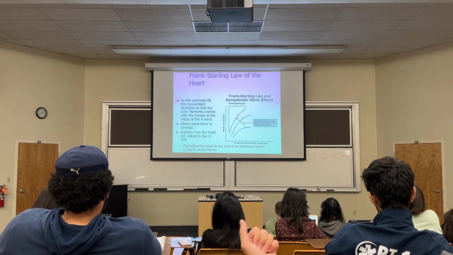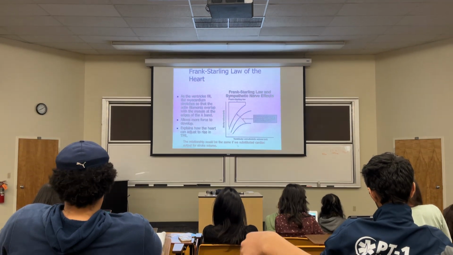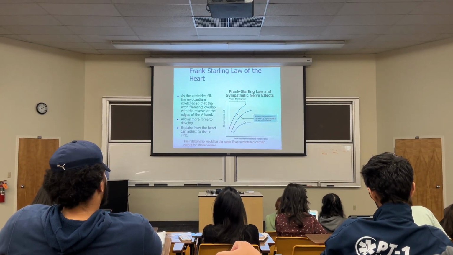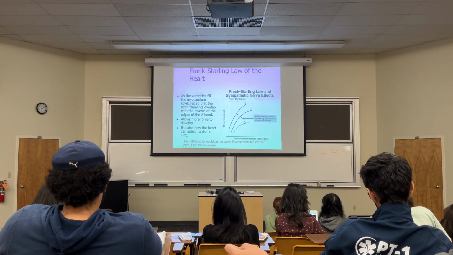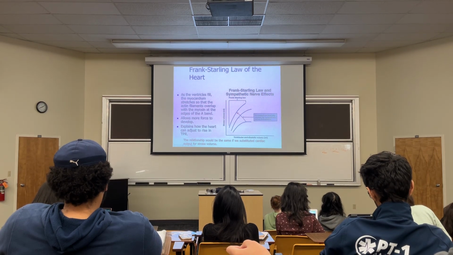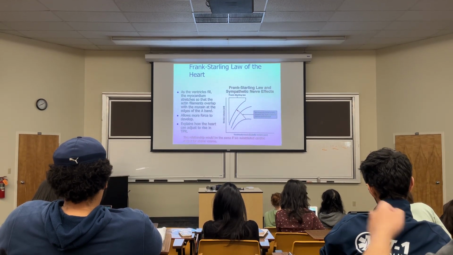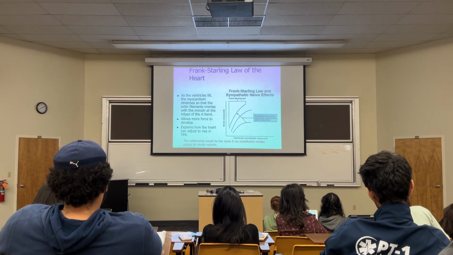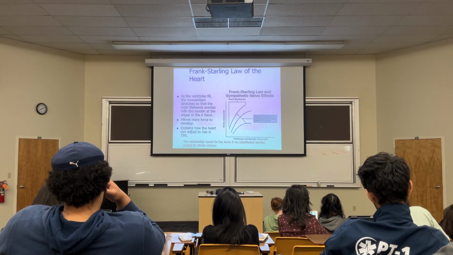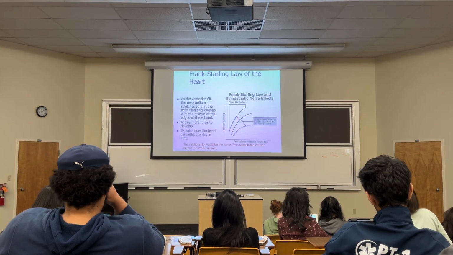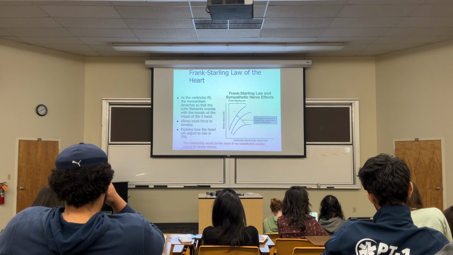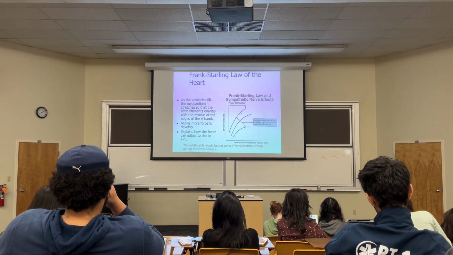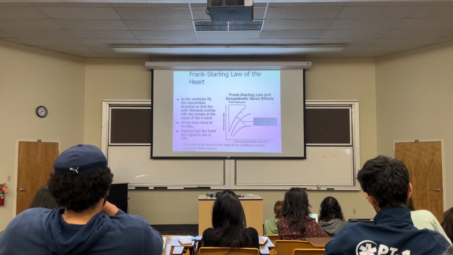If you have a normal slope, same relationship: end diastolic volume, stroke volume, or cardiac output. Let's say this is your normal slope of the line, with Frank Starling's law. If you add sympathetic stimulation, you can move to a different slope of the line. Starling's law is still in effect, but now for every end diastolic volume, you have a greater stroke volume or cardiac output.